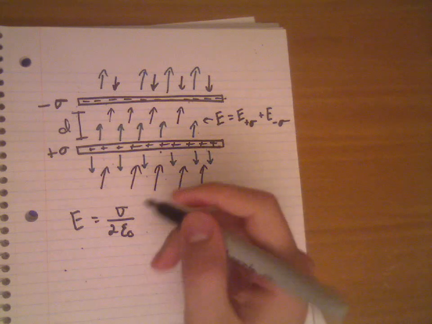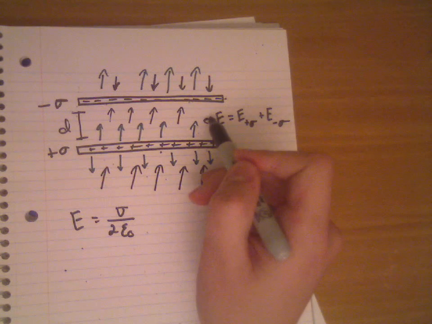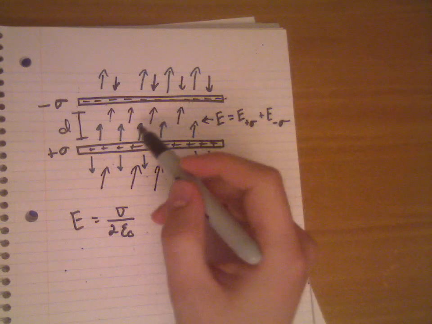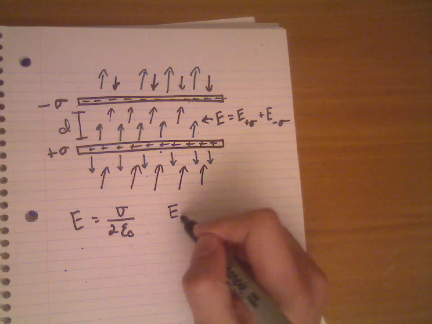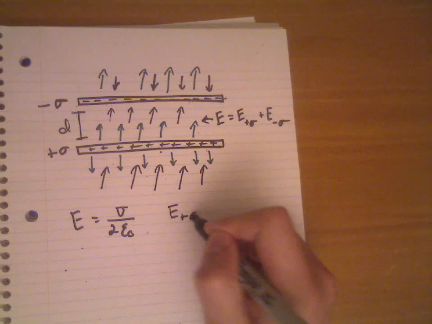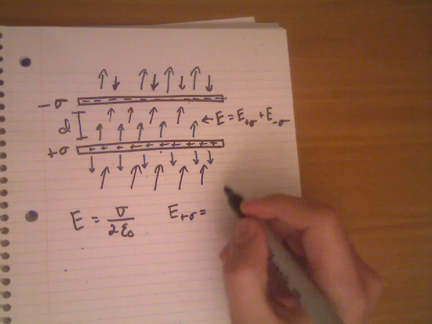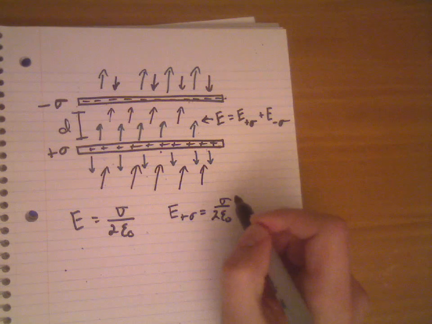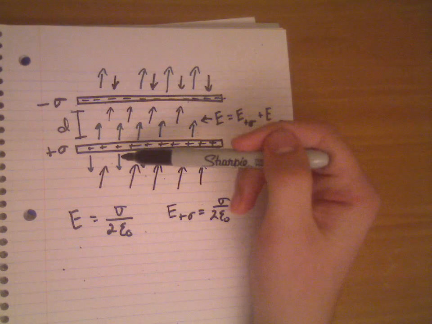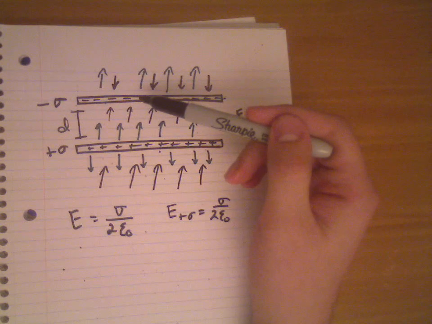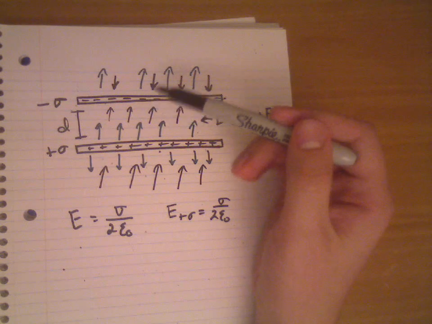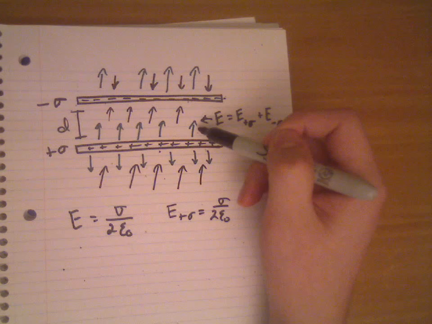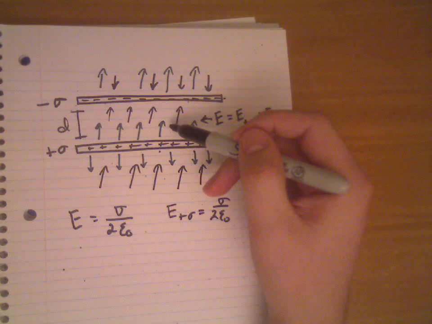So now, let's find what the electric field is here. We know that the electric field of positive Q is equal to sigma over 2 epsilon naught. And we also know that the electric field for the negative distribution is the exact same thing, except in the opposite direction. However, if you notice, these vectors are pointing in the same direction.